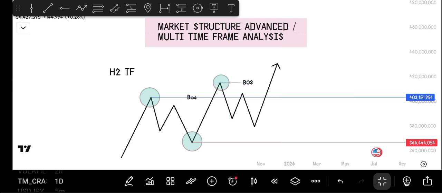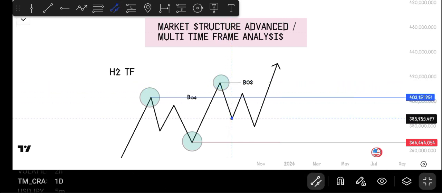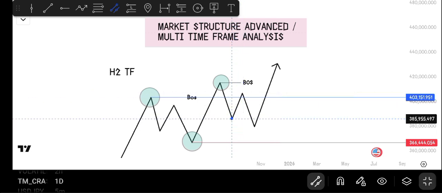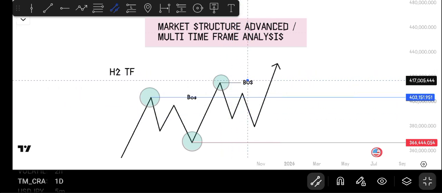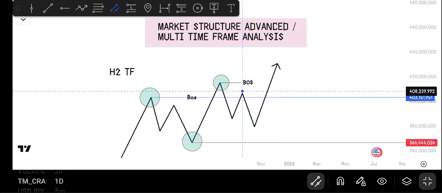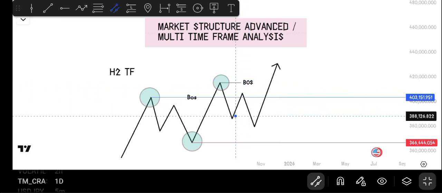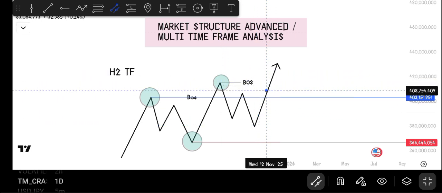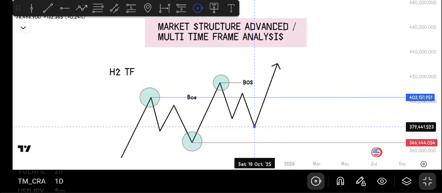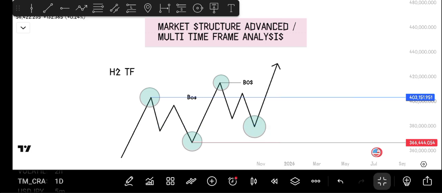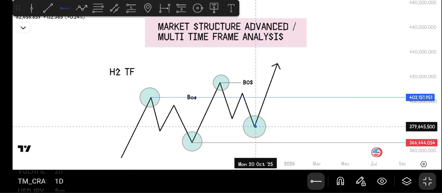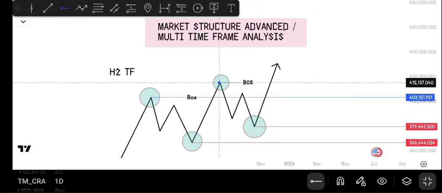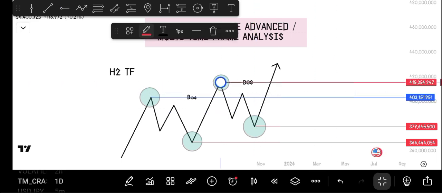You can see price pulled back, price retraced, and it pulled up once again, but this low never broke this high right here. So it cannot be called a higher low, rather it came down once again, and this low led to price breaking the new structure. So this is our higher low. So what do we have? We have a new higher low, and we have the higher high right here.